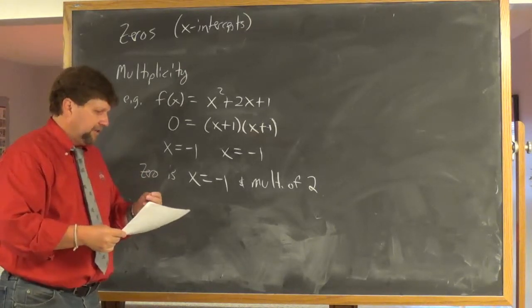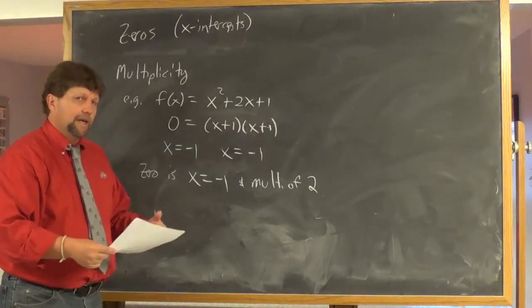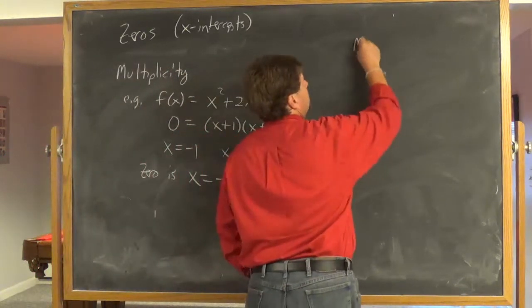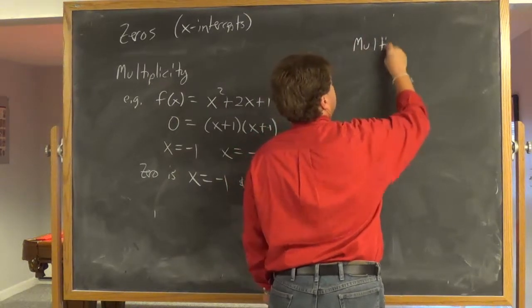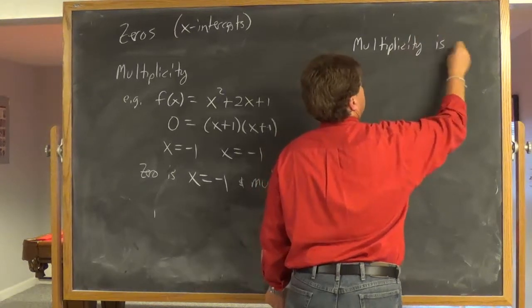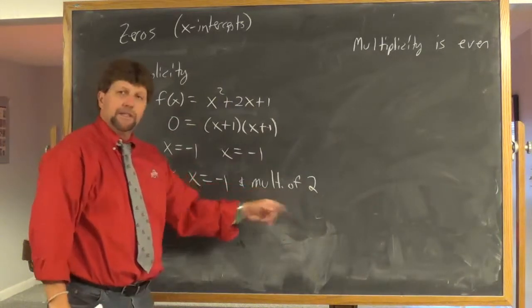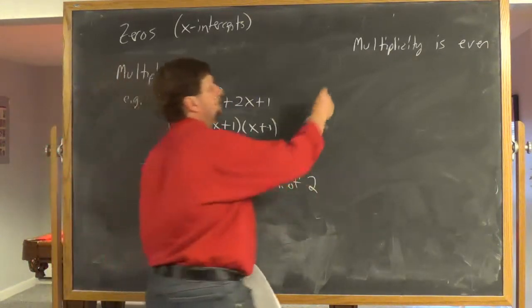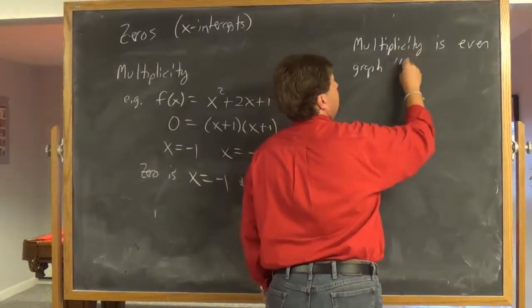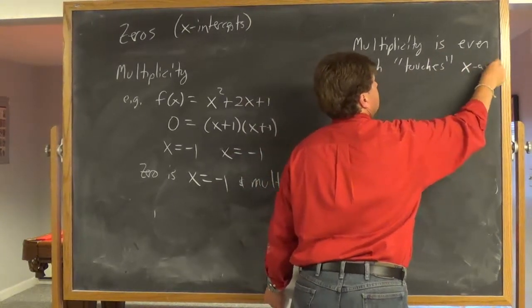Now what's kind of cool about this multiplicity when we start to look at graphs of polynomials is that if the multiplicity is an even number, like here it was an even number, multiplicity of 2, the graph just touches the x-axis.